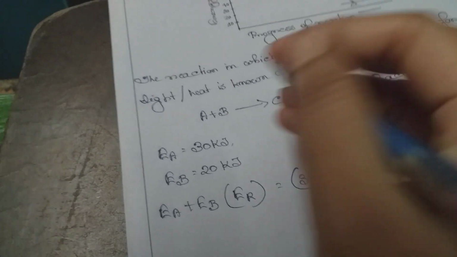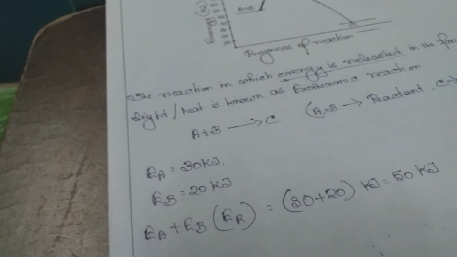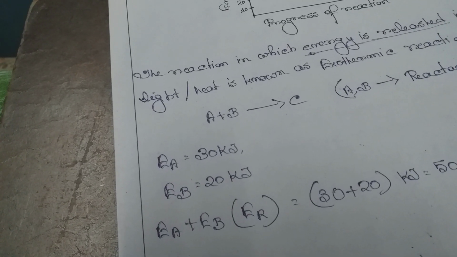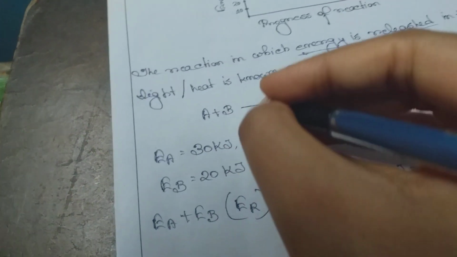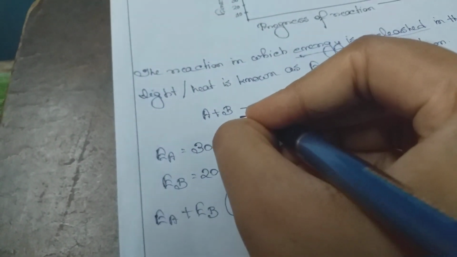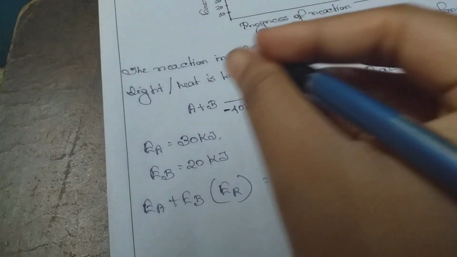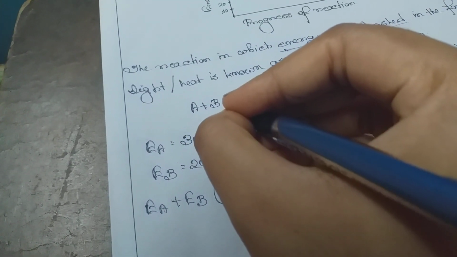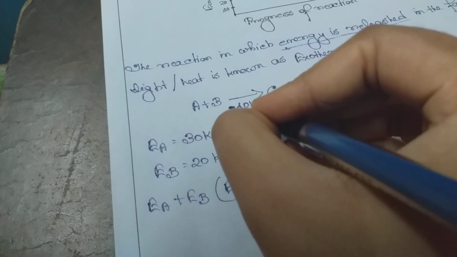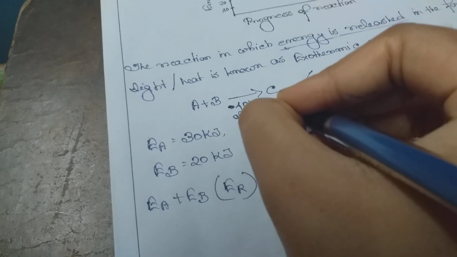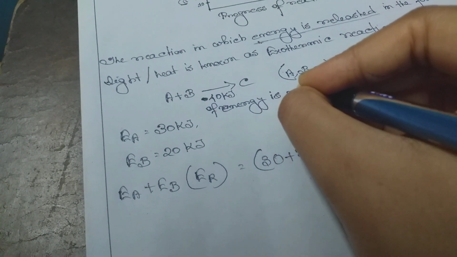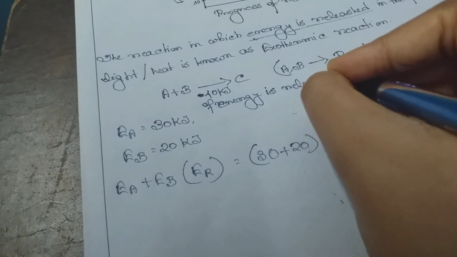And during the progress of the reaction, 40 kilojoule of energy is released.